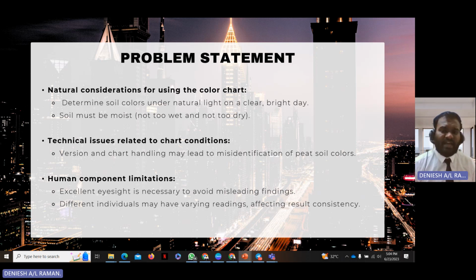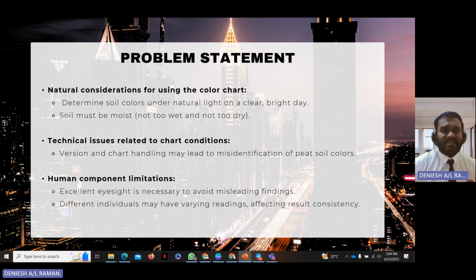Secondly, the version and handling of the color chart can be problematic. Different versions or improper handling may lead to misidentification of the peat soil colors, resulting in incorrect findings and interpretation of soil characteristics.